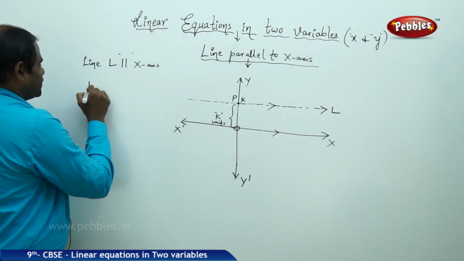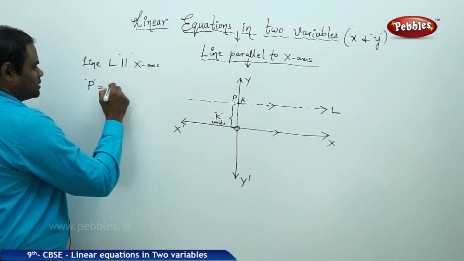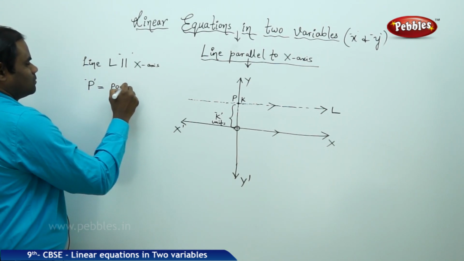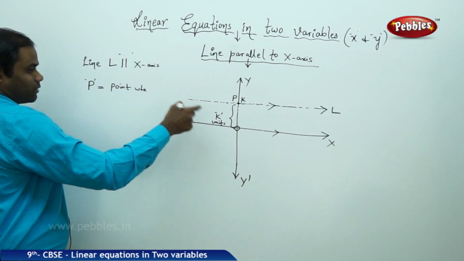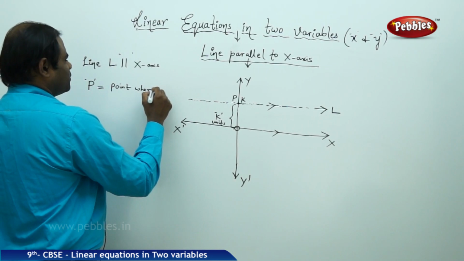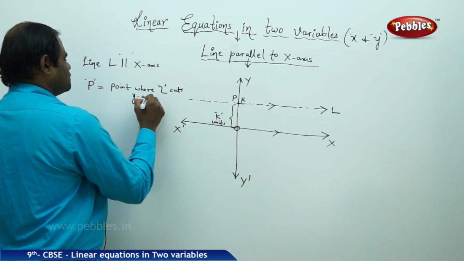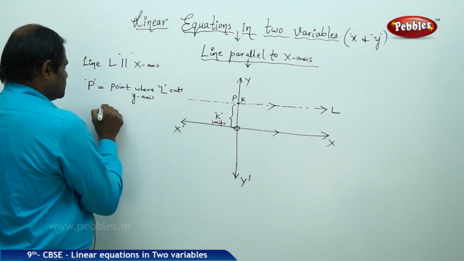P is the point where the line L cuts the y-axis.